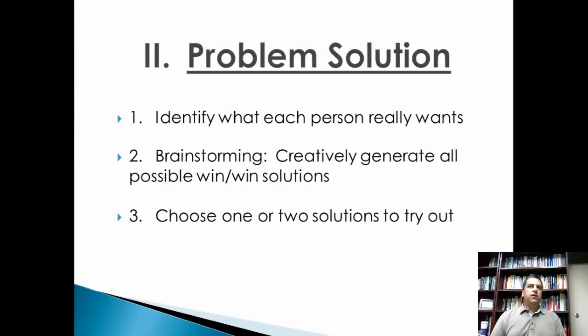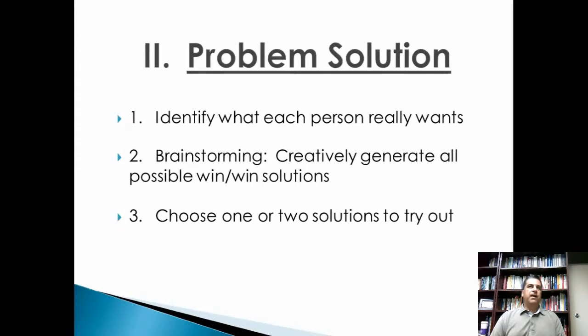What my wife really wants is security on all levels, including financial security. So when we look at it that way, it probably frees up more ideas for how we can solve the problem. So the next step then is brainstorming.